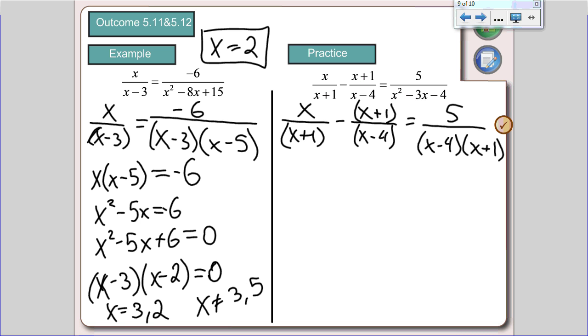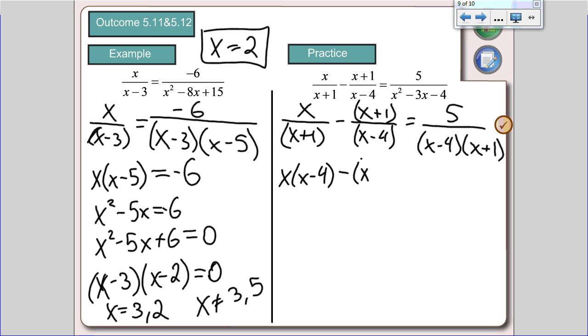Okay, so what do we have to multiply the first fraction by? What's it missing? It's missing an x minus 4. So we have to go x times x minus 4. What's the second fraction missing? It's missing the x plus 1. And it's all equal to 5, because we didn't have to do anything to that side.